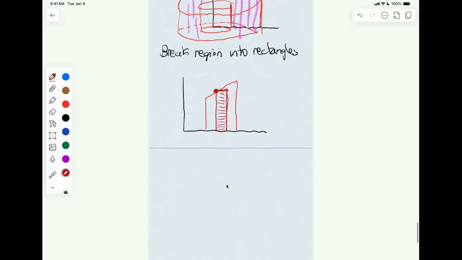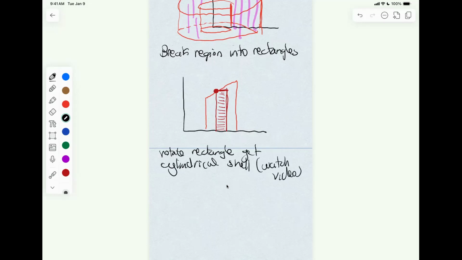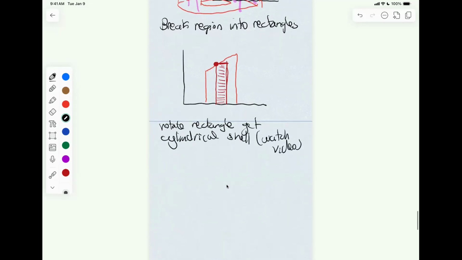When you rotate the rectangle, you get the cylindrical shell. Again, watch the video because it's confusing to see this here. But let me see if I can draw the shell.